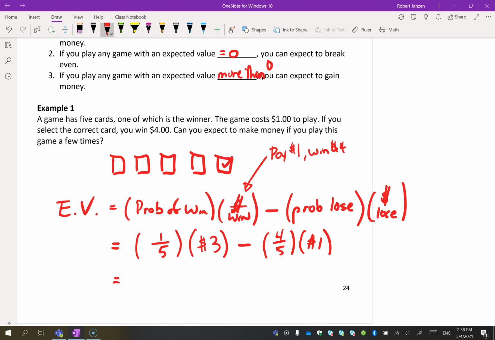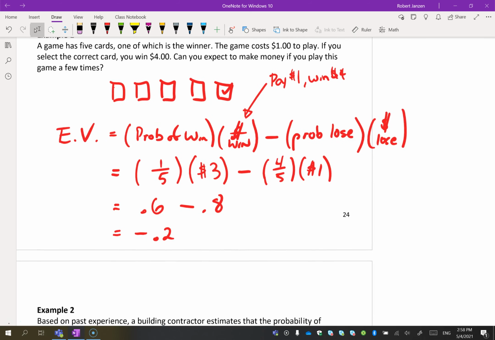Okay, so you grab your calculators here. You're going to go 1/5, which is 1 divided by 5, times 3. Try that. This is going to give you 0.6 minus 0.8, which gives you negative 0.2. Now what does that mean? This is the expected value.